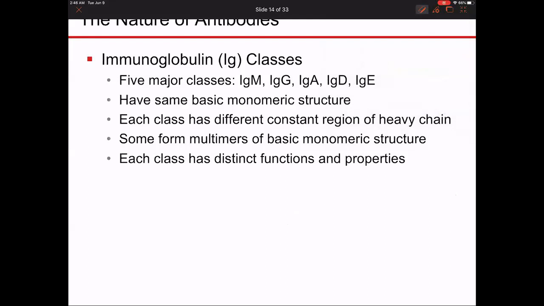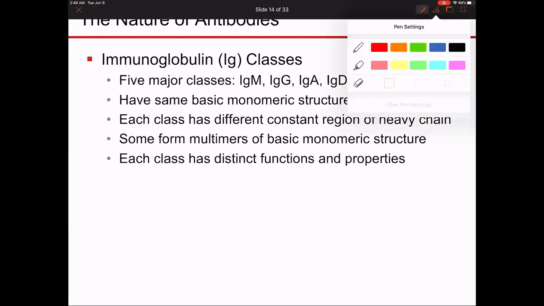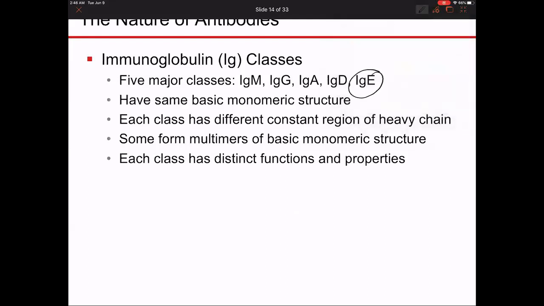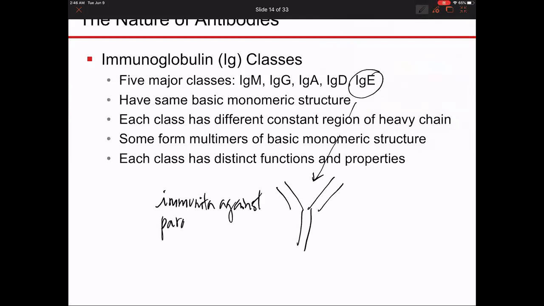Let's now talk about IgE right here. IgE is a basic monomeric antibody. And the main function of IgE is immunity against parasites.